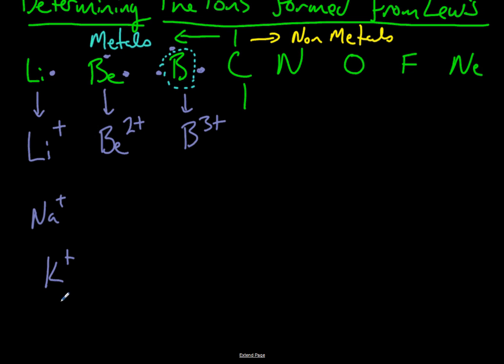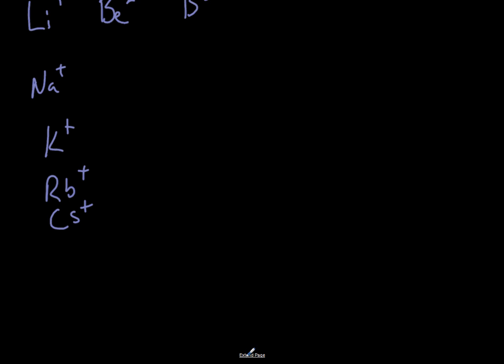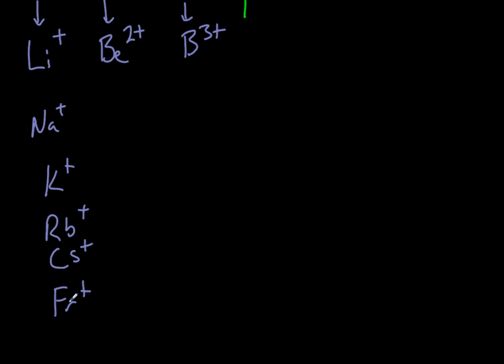Potassium, yep, same thing. Even these more exotic elements that we don't see very much, we can make a pretty good prediction that even right down to good old francium, they're all going to form the exact same ions. So the easiest way is, these are in group 1, they form +1 ions.